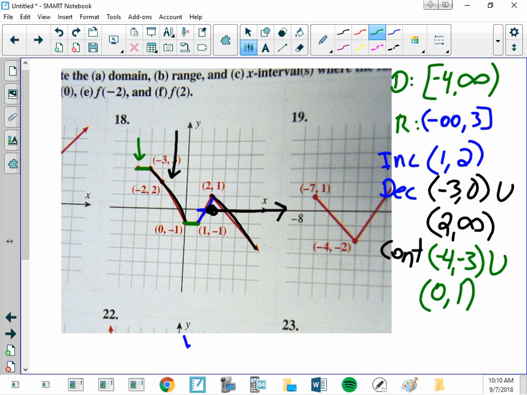And again, on those increasing and decreasing intervals, well, actually, this one right here should be a bracket. This one should be a bracket. Does that make sense? And then the other ones, you could make a valid argument for brackets or parentheses.